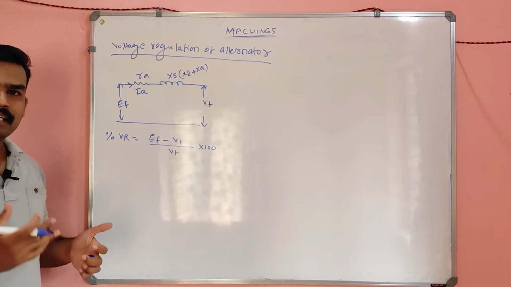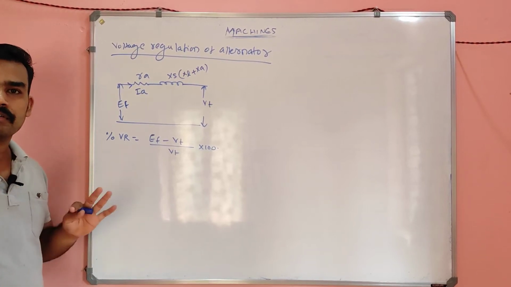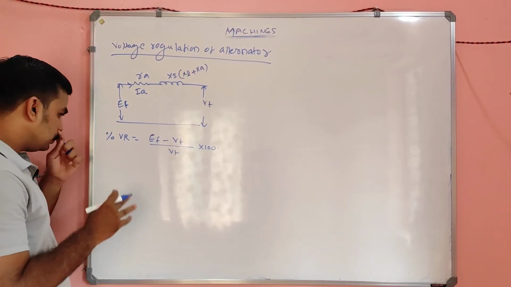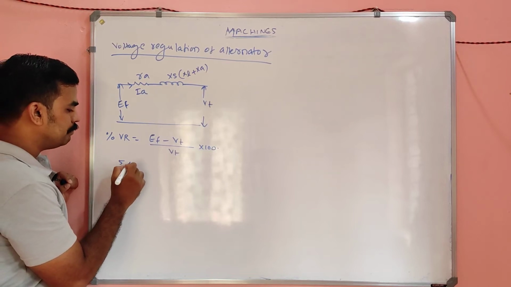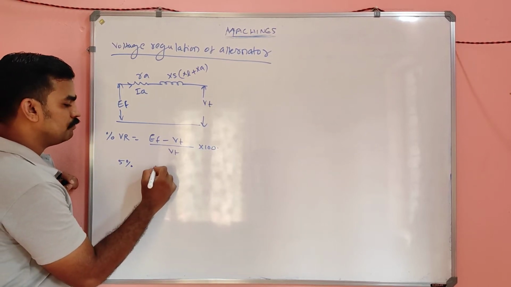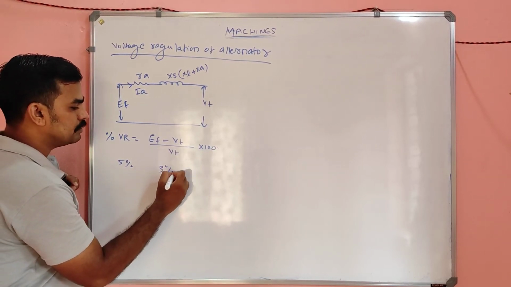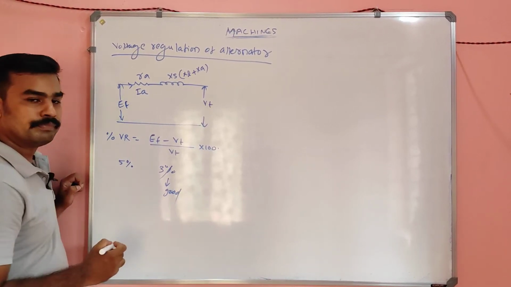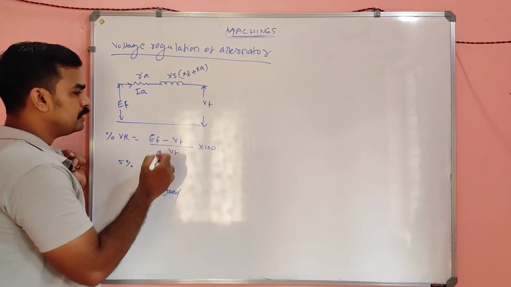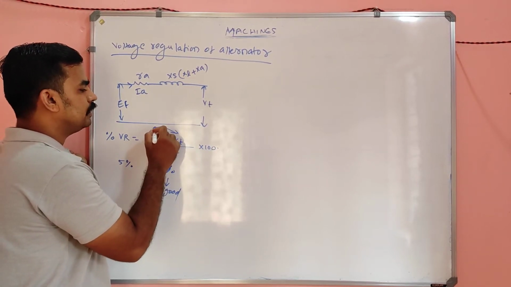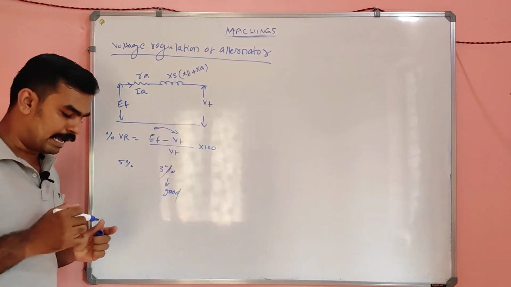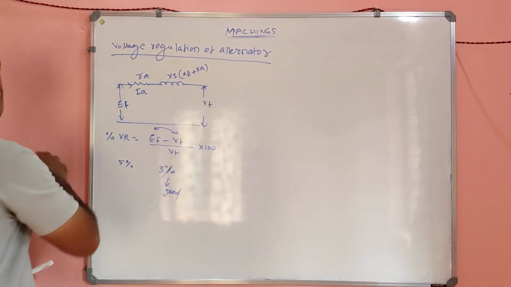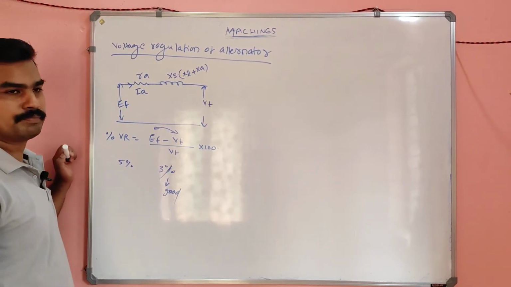Normally the regulation value will be lower for a good system. If you have two systems, one with regulation of 5% and another with 3%, the 3% one is the good system. If the regulation value is less, there is less difference between no load and full load voltage, and that is a very good system.